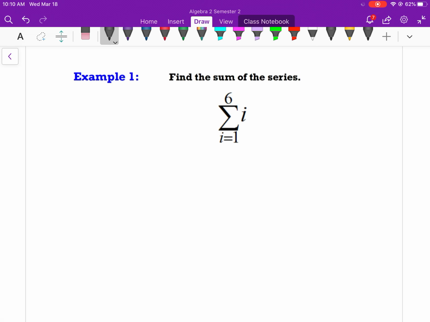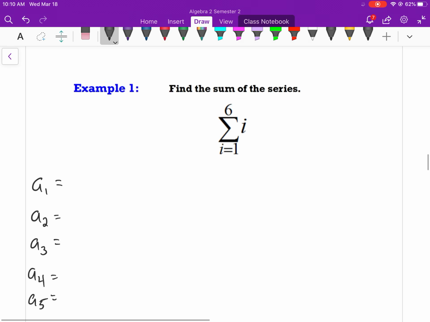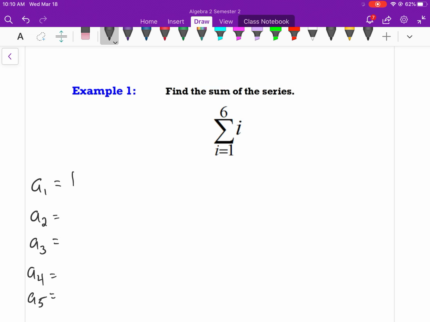Okay, find the sum of the series. Again, the summation notation is an indicator that this is a series, and it's saying I'm adding the first term through the 6th term. A1, A2, A3, A4, A5, A6. This one's pretty easy because just plugging 1 into the general rule, it's just 1.